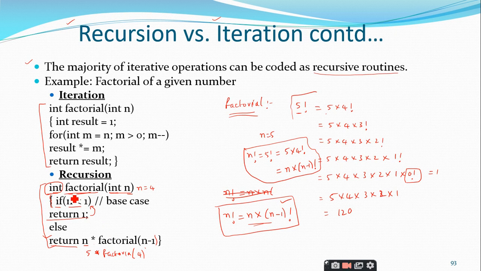You can see here that the name of the function is factorial, and here we are calling the same function in the factorial. So the function factorial is calling the same function factorial itself. It is calling itself. This concept is called recursion. And the factorial function in this particular scenario, we call it a recursive function.